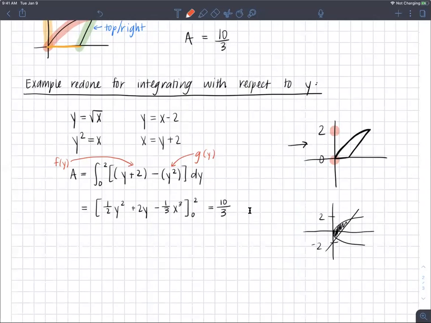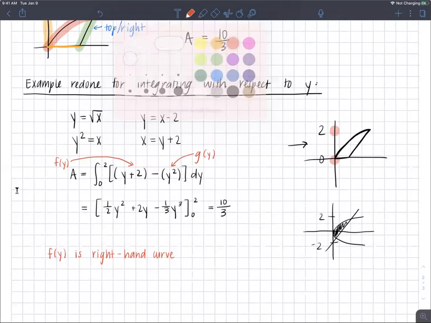Do you guys have any questions about integrating with respect to y? Why the x? Oh, I don't know, because I wasn't paying attention.